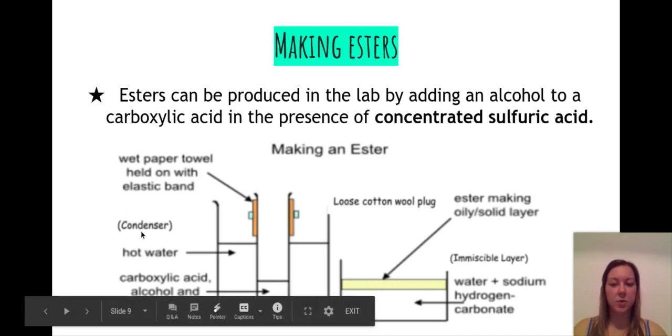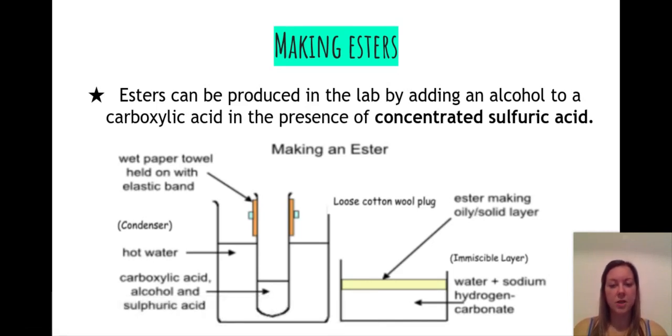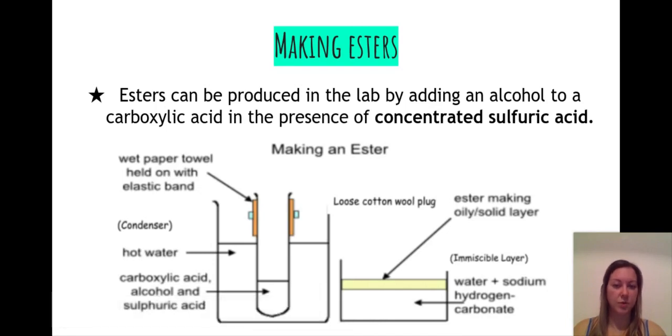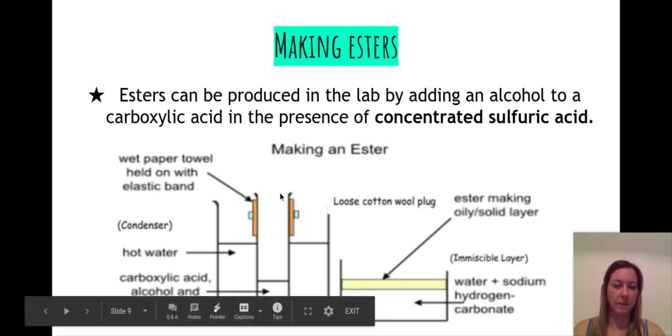Now you'll see the word condenser here. All that means is that it provides a cool space at the top of the test tube, so anything volatile, in other words anything that easily evaporates in this mixture, like alcohol, is not going to escape. It will be cooled back down into a liquid and it will remain in the test tube. So that is what the wet paper towel is for. That's a commonly asked question.